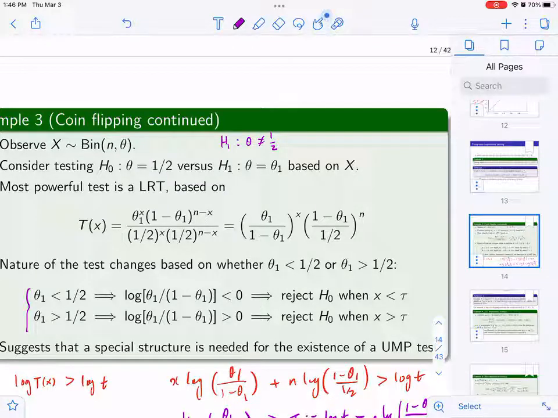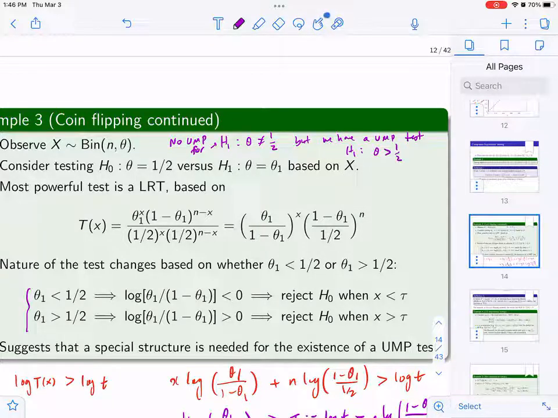If it's most powerful above 1/2, by Neyman-Pearson it has to be this test, and then this guy is going to beat it below. So there's no way that I can have a single uniformly more powerful test. So no UMP for this two-sided test, but we have a UMP test for, let's say, a one-sided alternative.